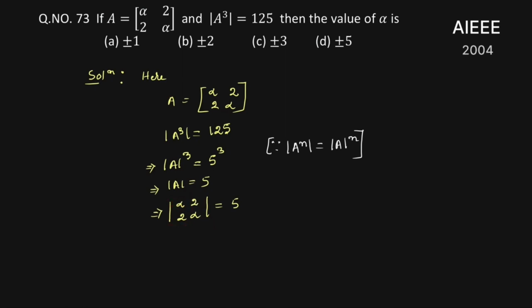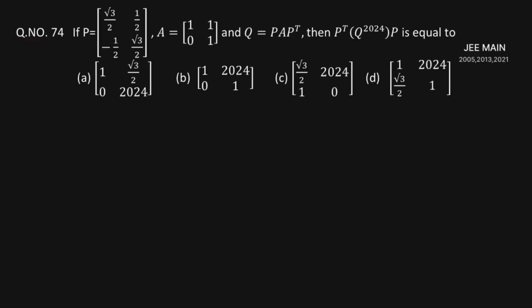Then we are able to write alpha square minus 4 equal to 5. So alpha square equal to 9. This implies that alpha equal to plus minus 3. So this is our answer. Option number C is our correct option.